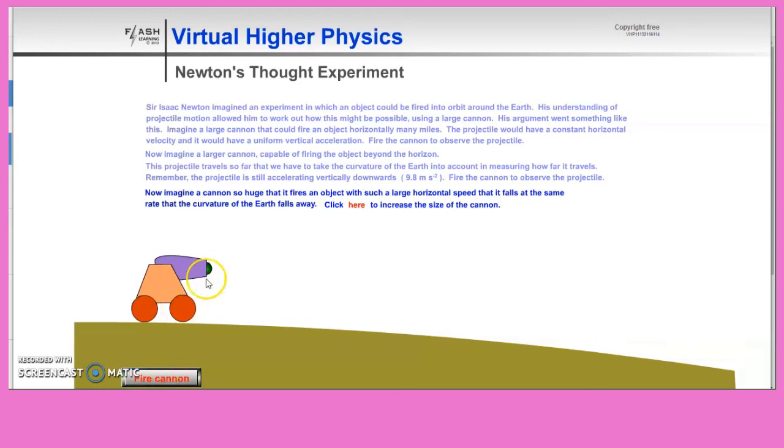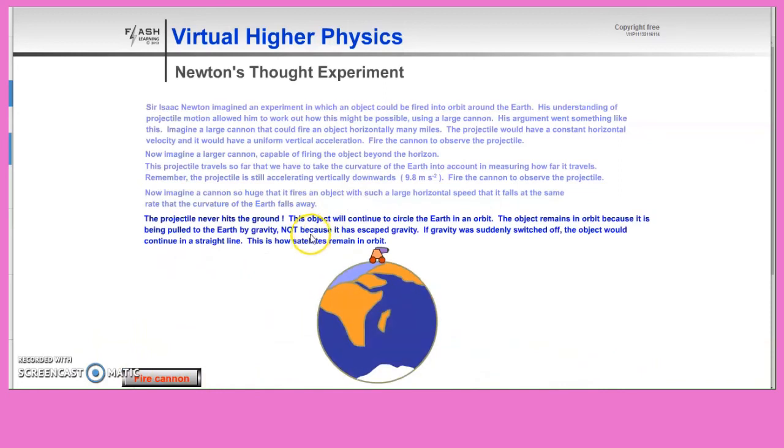Isaac Newton imagined a bigger cannon yet, which could fire cannonballs with an even bigger horizontal velocity. Let's have a look at this example. Now the cannonball has such a high horizontal velocity that as it's falling back towards the Earth, the Earth is curving away from it as well.